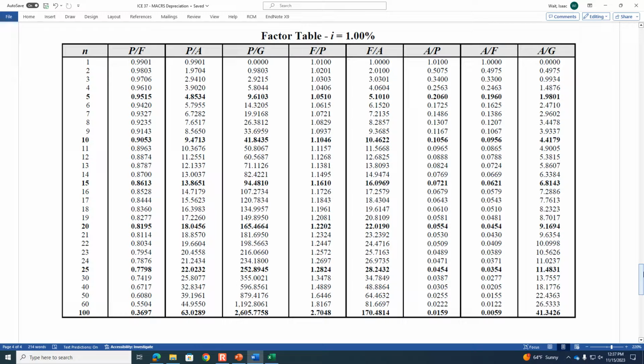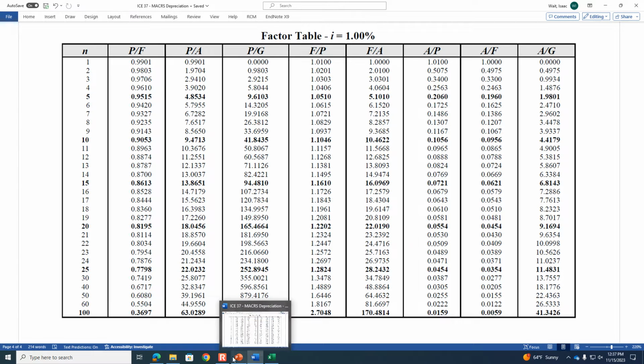So we're given A, and we're trying to find P. So that's find P given A. That would be this column. So we want to know what is the factor for find P given A with 30 periods. And you can see that the factor there should be 25.8077.